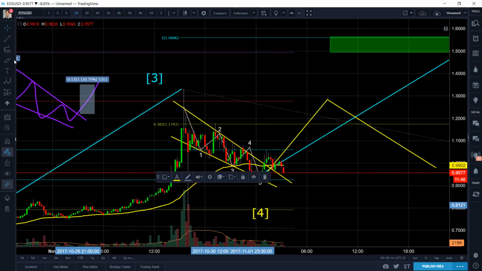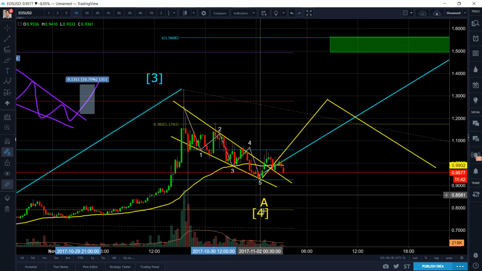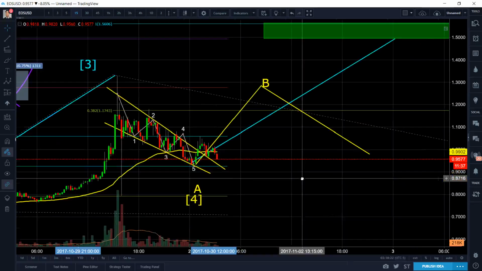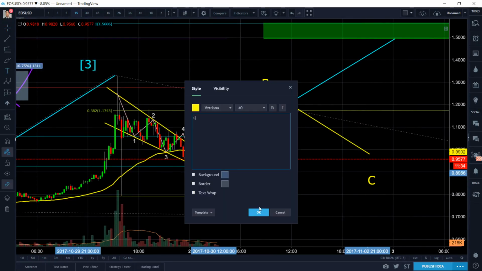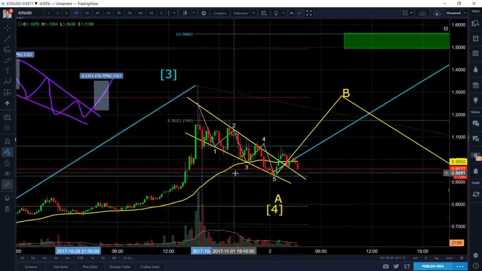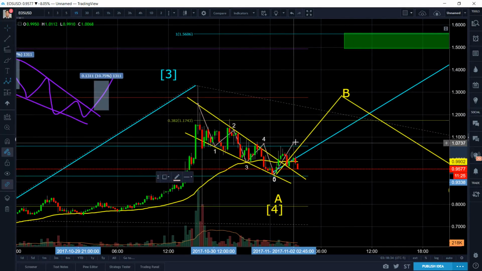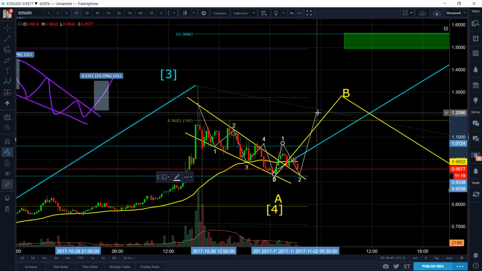So let's call this A. This will be B somewhere, and then we'll get a C somewhere well over here. This consolidation will take a while because it was such a strong one. So let's try to count together, okay? Within this wave, we should have 5.